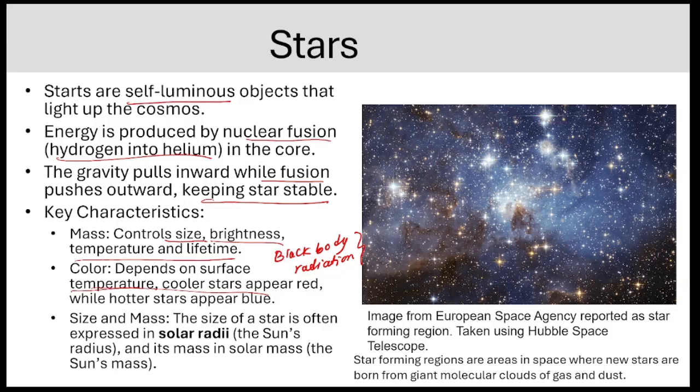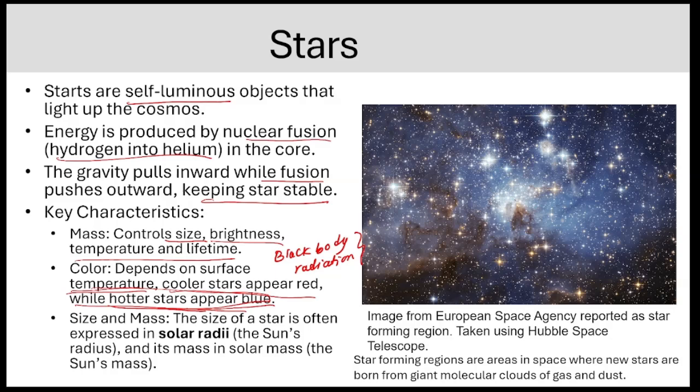Black body radiation says that the color only depends on the temperature of the surface. By looking at a star's color, we can tell about the temperature of the star. Cooler stars appear red, while hotter stars appear blue.